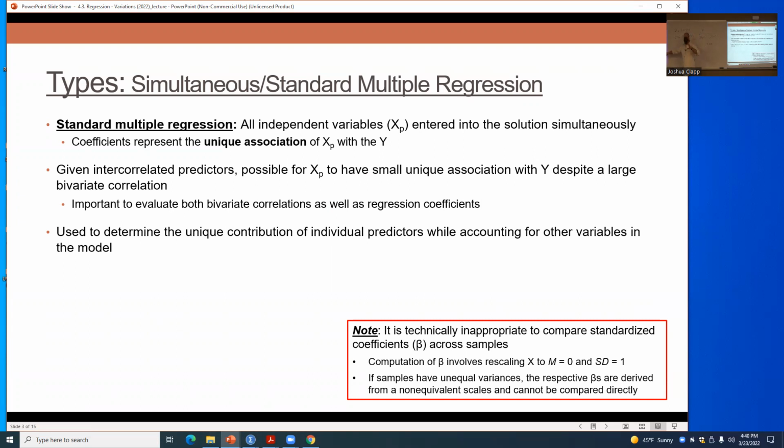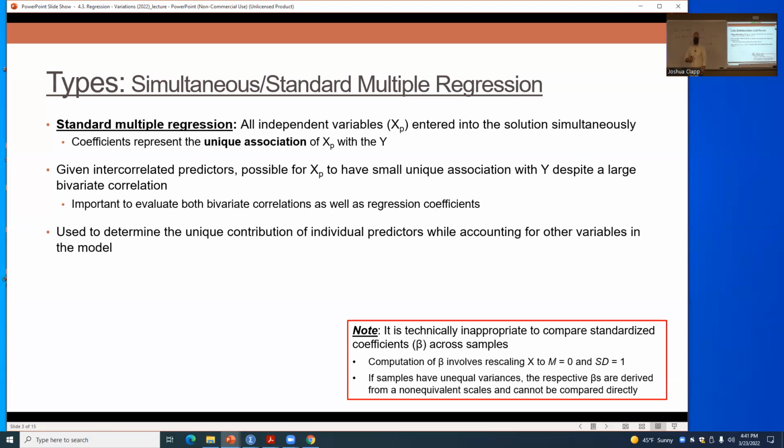What we technically cannot do, though, is say I run a model, and Allie runs the same model in a separate paper. What I shouldn't be doing is comparing my standardized coefficient to her standardized coefficient, because those two samples are going to have different variances. And because there can be different variances, now I've got metrics that look like they should be the same, but aren't.